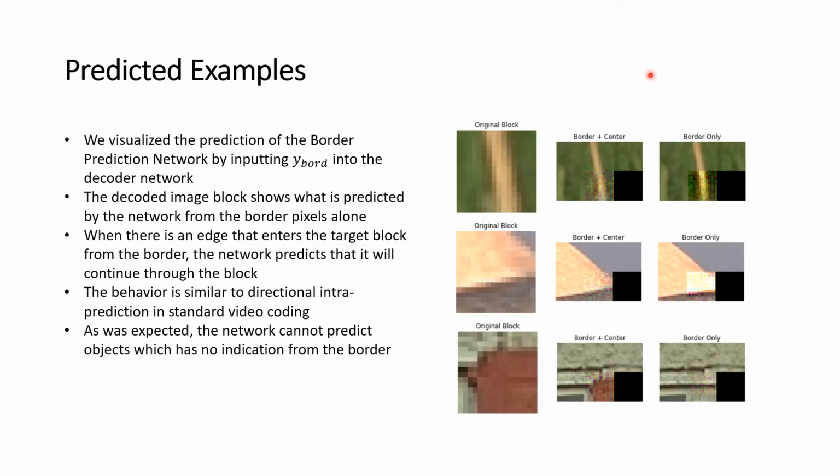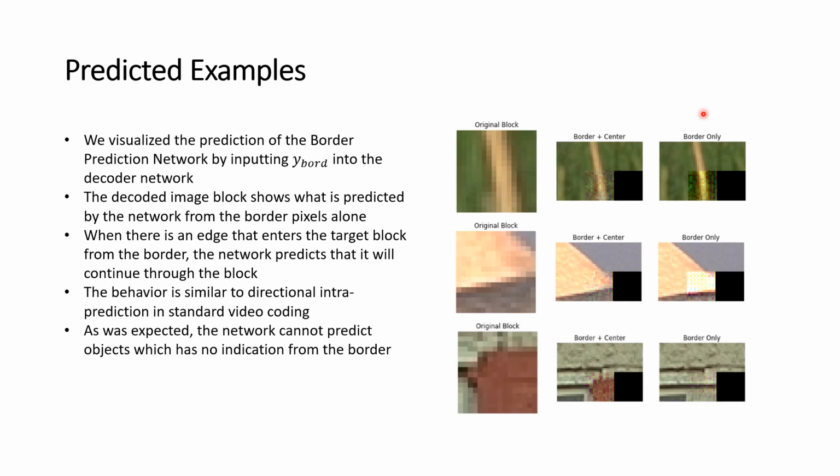Here we show some visualization of the prediction by the border network. In the middle, we show the output of the decoder network when we have both the border latent and the center latent. On the right column, we show the output of the decoder network when we only have the border latent.